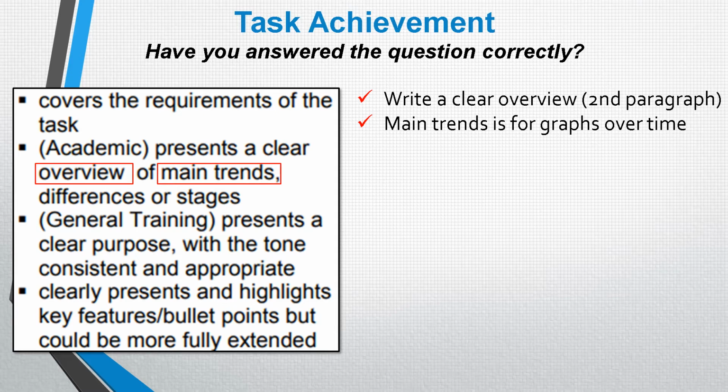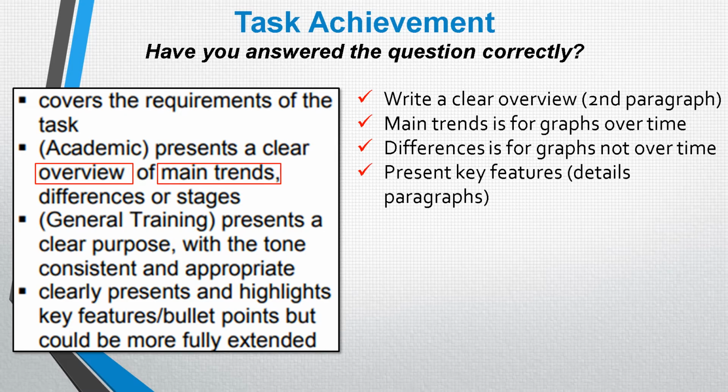However, if it's not over time, then we'll be making comparisons between different sections of the visual data or between different stages of the visual data. And that's for visual data that's not over time. You'll see examples of both of these throughout the rest of the videos. But the main thing is we're writing a clear overview, which is going to present the key features of the visual data that you've been looking at.